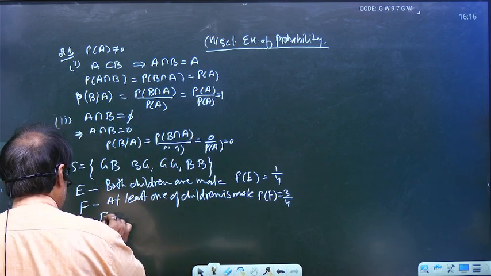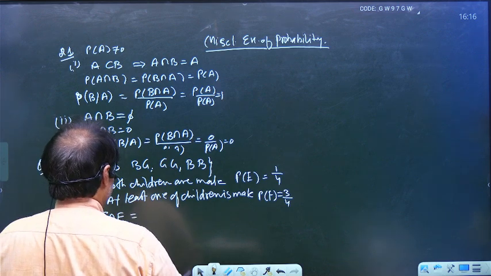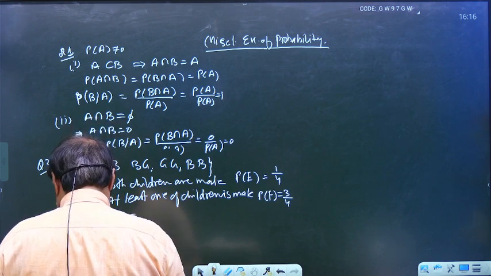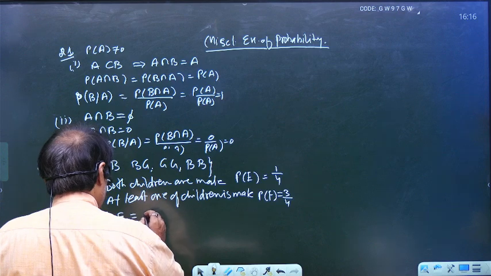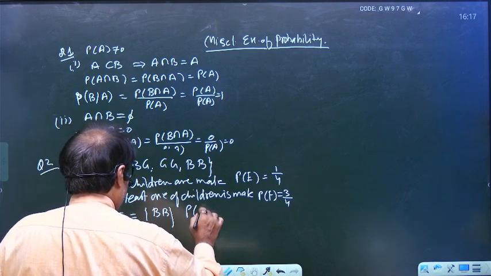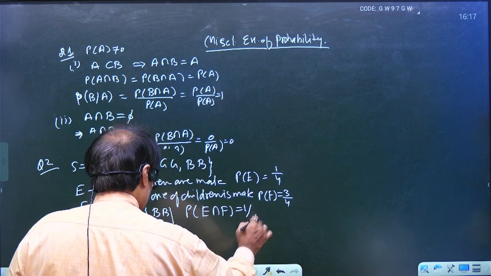Now find E intersection F. Both the children are male, that is BB, so the probability of the intersection is again 1 by 4. So probability of E intersection F is equal to 1 by 4.